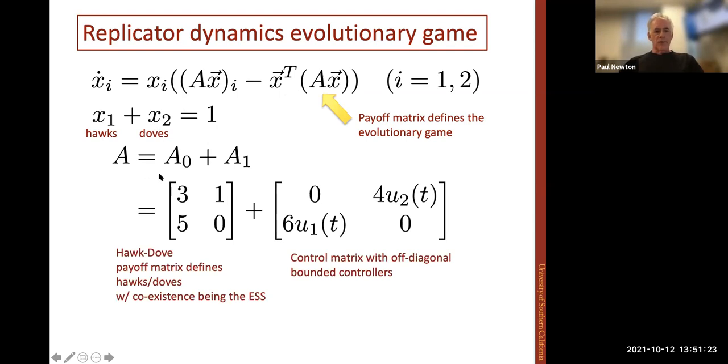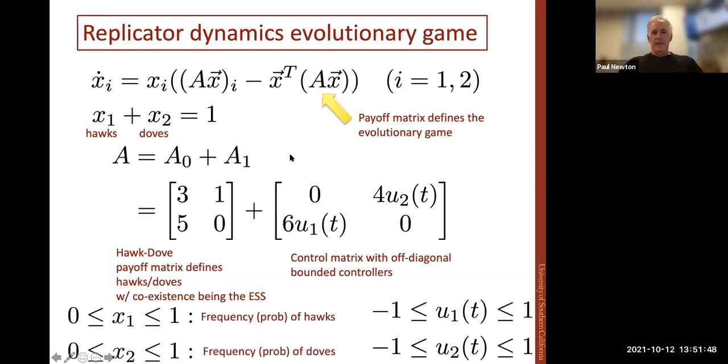So basically the baseline payoff matrix is the hawk-dove payoff matrix. And then what we do is we add a control matrix to that with off-diagonal bounded controllers. And that adjusts the payoff entries of the matrix, which basically means you're shaping the fitness landscape of that system.